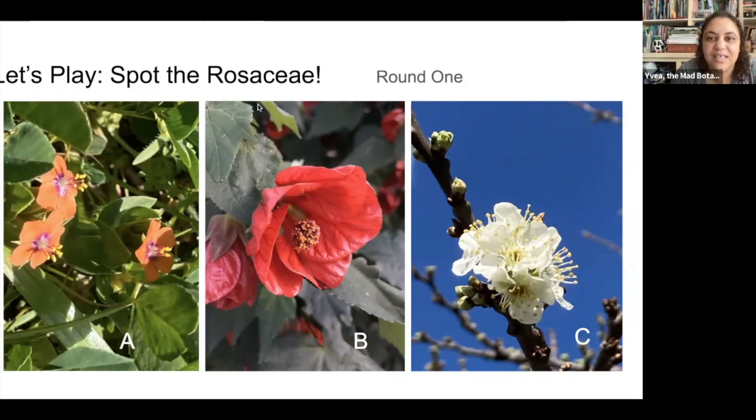Excellent. In that case, are you all ready to see the answer? And it was C. C is our plum. So out of curiosity, what told people that C was the Rosaceae? It looked the most like the apple blossoms to me, or pear blossoms.